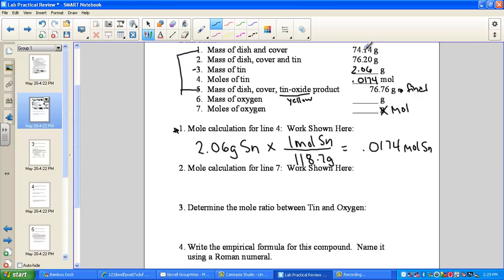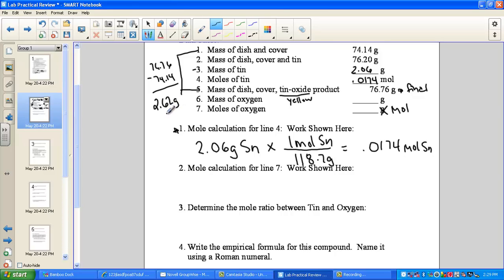So let's begin by subtracting that final weighing, 76.76, minus the original dish, 74.14. That tells me that my tin oxide product was 2.26 grams.